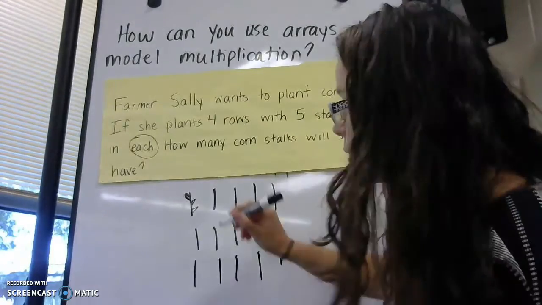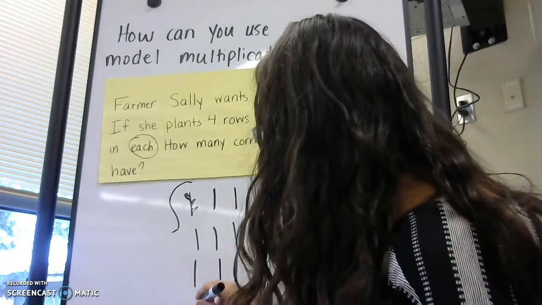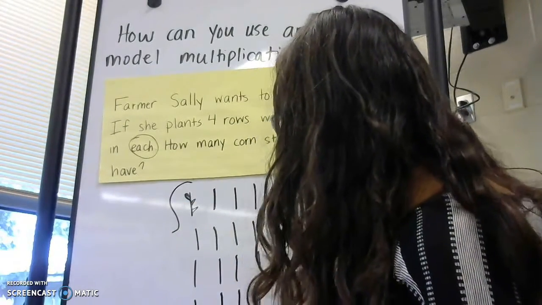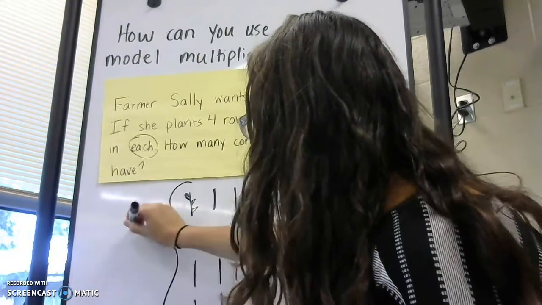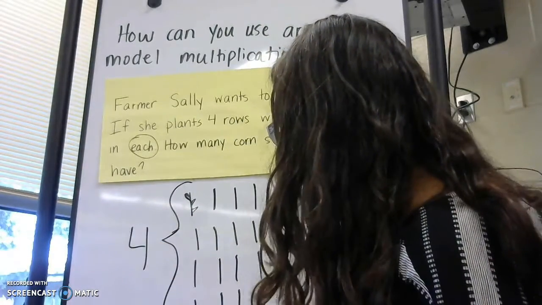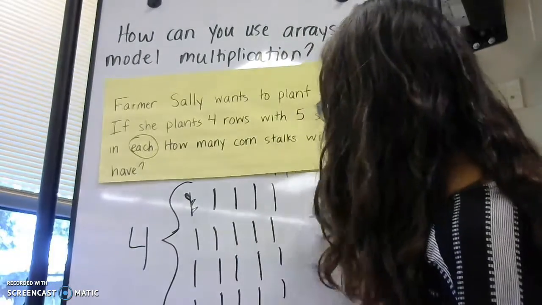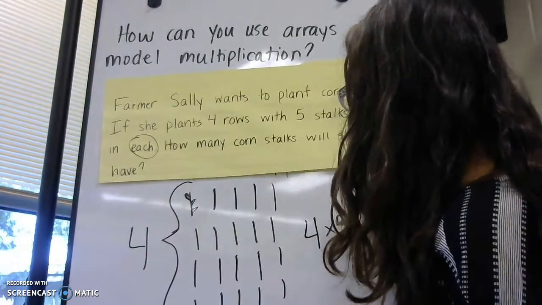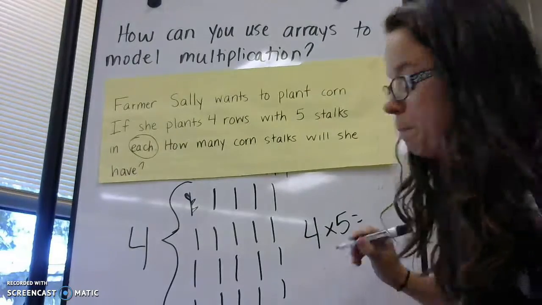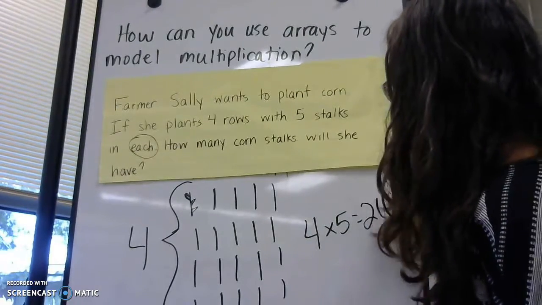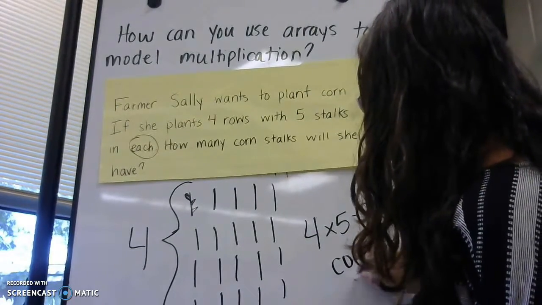I need to do one more row. 1, 2, 3, 4, 5. Now we have 4 rows, and if you count, there's 5 in each. So that tells us that 4 times 5 is, if I counted them up, 20 corn stalks.